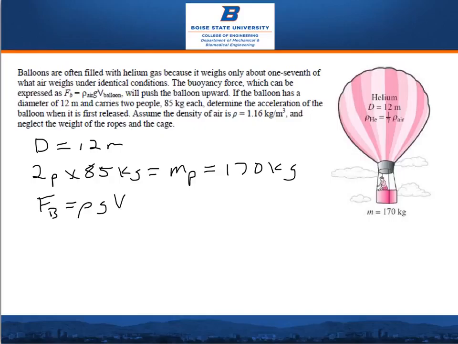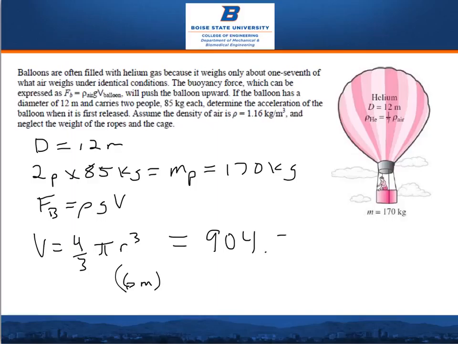We also know the gravitational constant in the metric system is 9.81 meters per second squared. The last thing we have to figure out is the volume of the balloon, which is simply 4/3 pi r cubed, with r being 6 meters. So the volume of the balloon is 904.78 cubic meters.